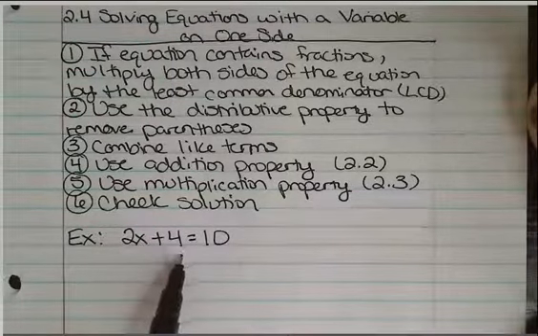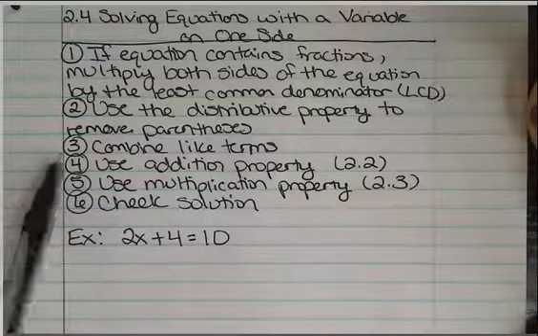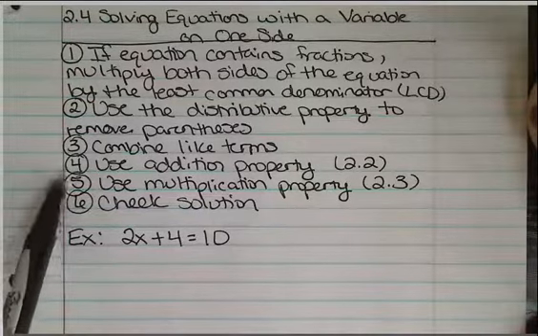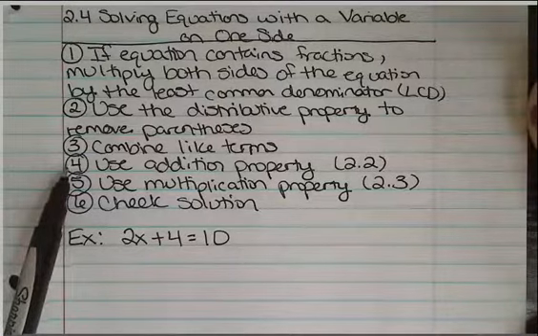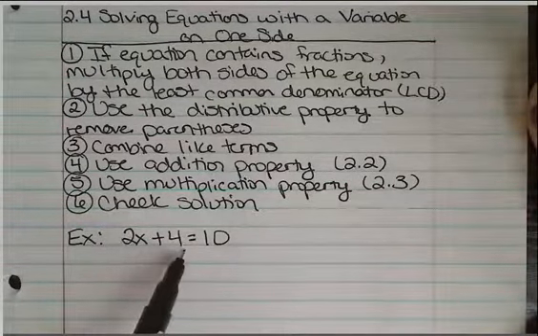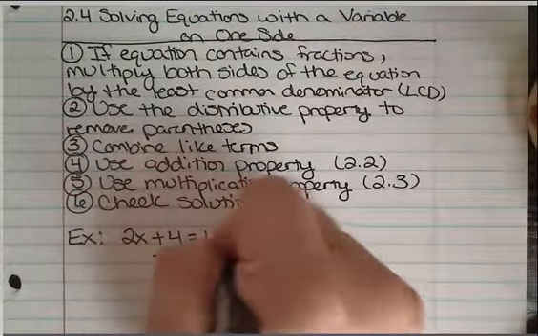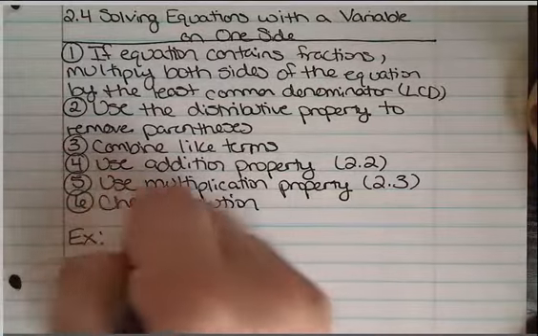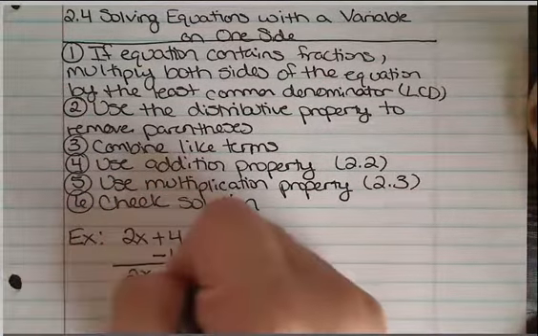No, those aren't like terms, so we don't even have to do step number 3. So we get to jump all the way down to step number 4, which is use the addition property. That means getting rid of our plus 4, so we're going to subtract 4 from both sides, which will leave us 2x equals 10 minus 4, which is 6.